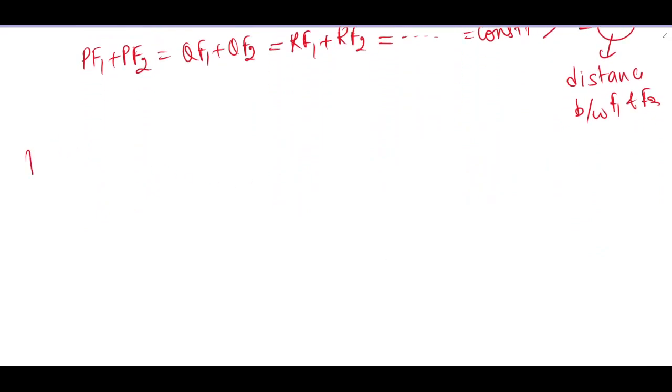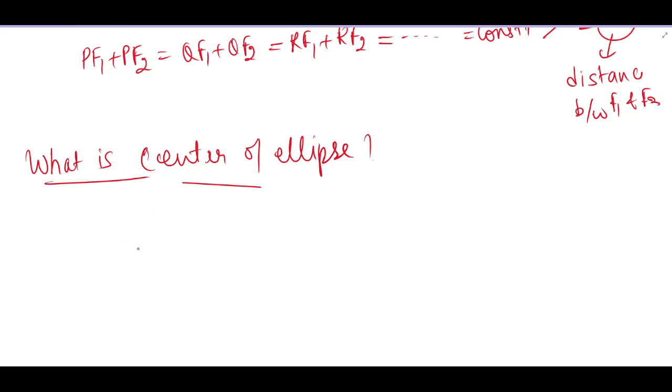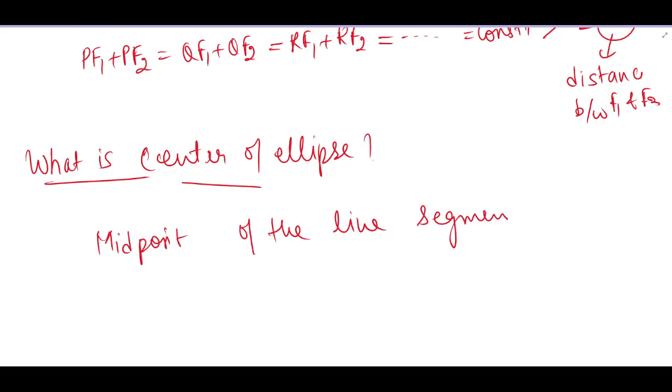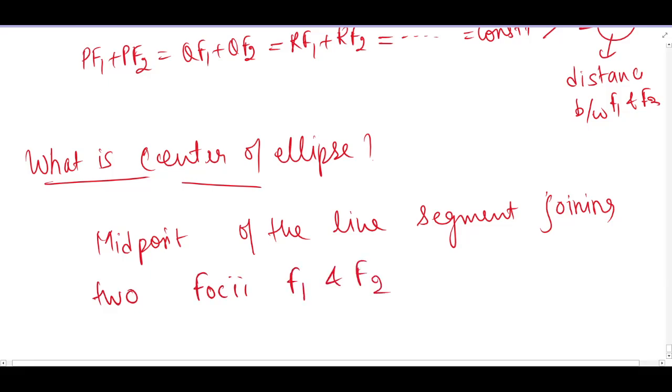So what is the center of ellipse? The midpoint of the line segment joining the foci F1 and F2 is called the center of ellipse.